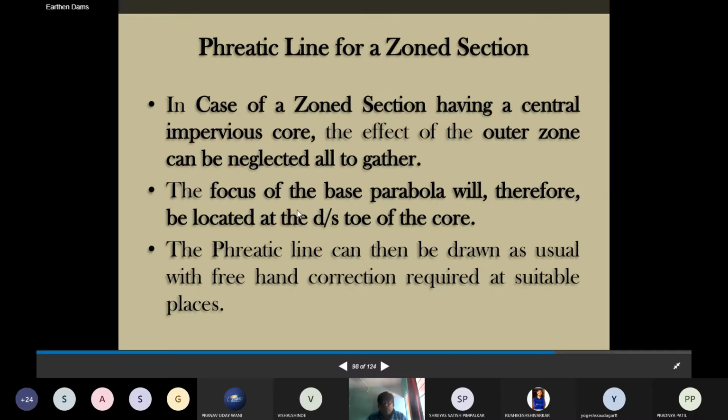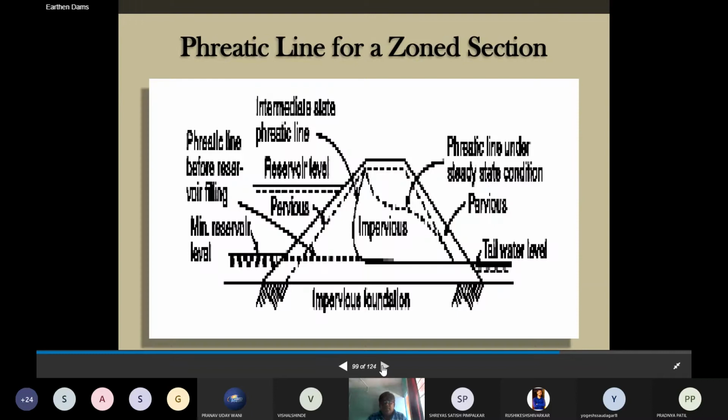Now again there are two sub cases. If the filter is there, then what would be the location of this phreatic line? How to draw the phreatic line? If the filter is not there, then how to locate the phreatic line? So the phreatic line can then be drawn as usual with freehand correction at suitable places.